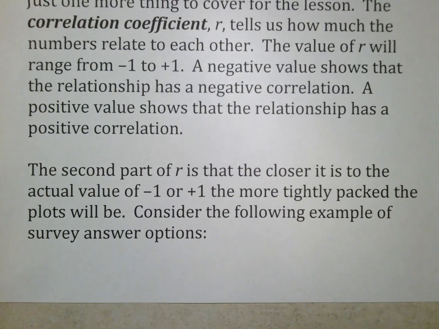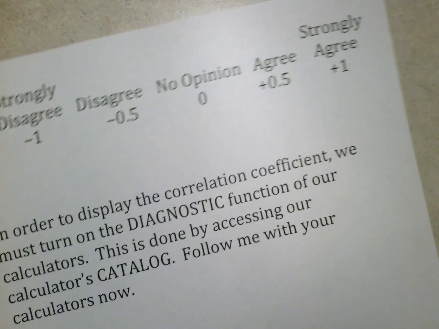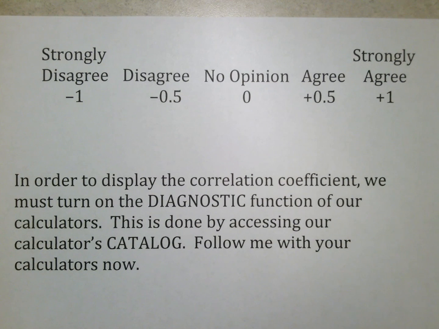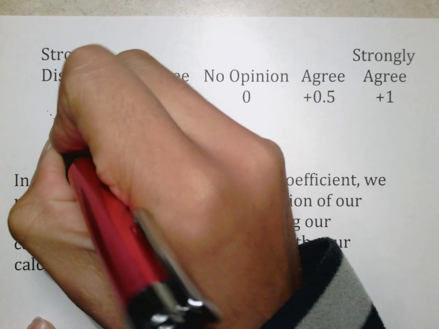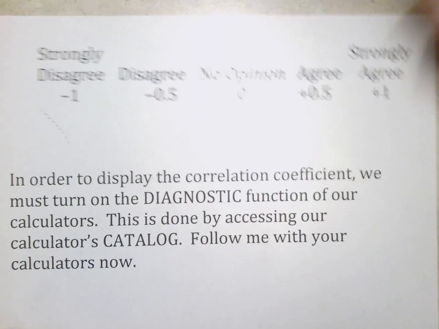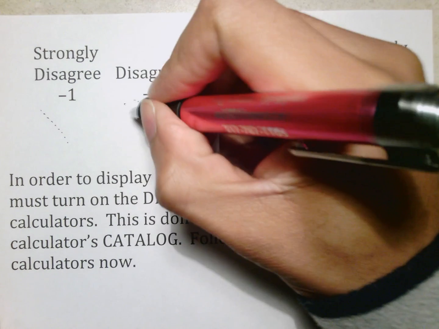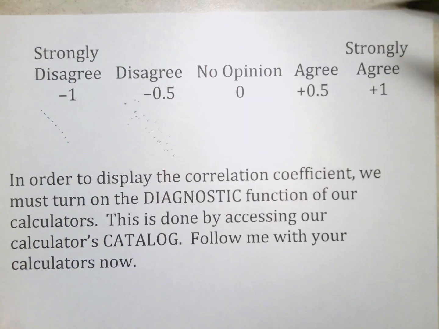And so the easy way to consider this is to think about how some of you answer survey questions, where they say something of, do you strongly disagree, do you disagree, no opinion, agree, or strongly agree. If you strongly agree or strongly disagree, you can imagine your dots are going to be strongly lined up. If you disagree, that means you really aren't disagreeing completely, but your dots are just kind of spread out a little bit, going in a downward direction.